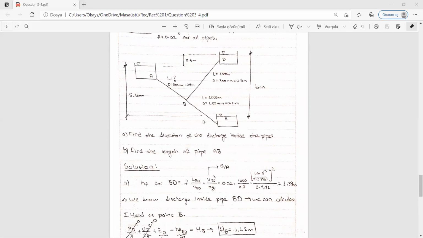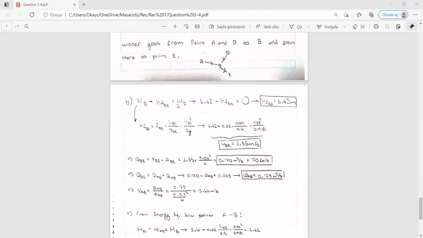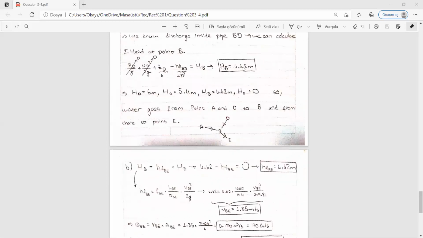So when you write the energy equation, I wrote it here. So head at B, total head, minus the head loss will be equal to total head at point E. Total head at point E was 0 because it's our datum. We calculated this total head at point B in the first part, which was 4.62. So 4.62 minus the major head loss will be 0. So major head loss is automatically 4.62 meters.